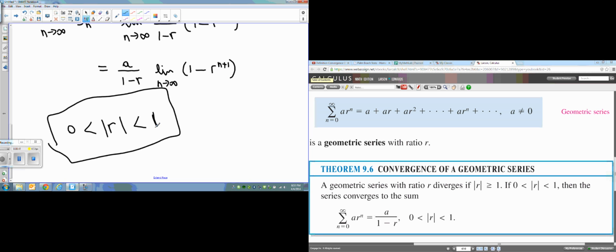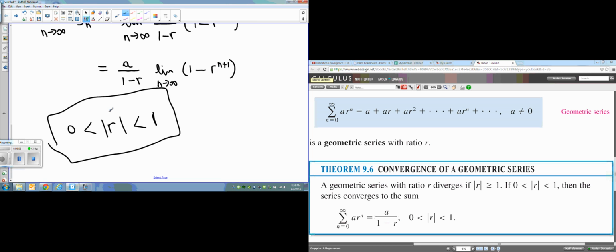Otherwise, if the absolute value of r is bigger than 1, then you're multiplying a number that's greater than 1 by itself multiple times, so the number gets larger and larger and larger, and this thing actually blows up. So this is the necessary condition for this limit to exist and for this sequence to converge.